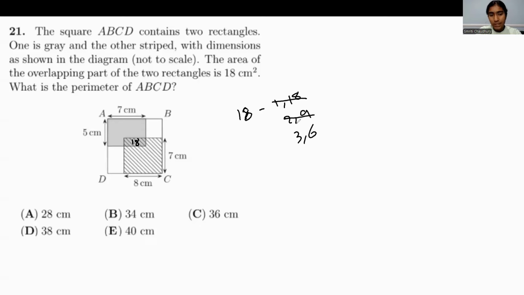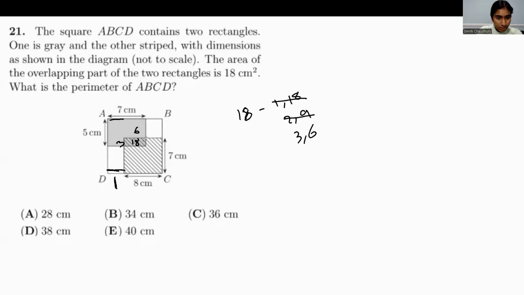And neither is 9 with that logic. So that means the dimensions must be 3 and 6. Knowing that, we know that this is 7 centimeters, and this is overlapping 6 centimeters, which means this has to be 1 centimeter. No, this is 1 centimeter.